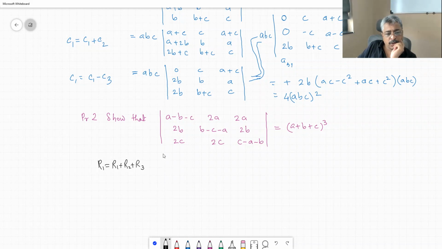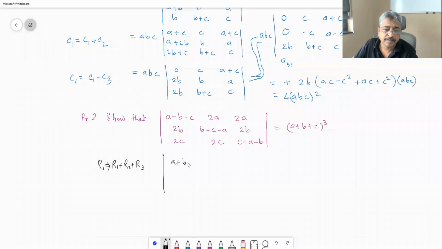Instead of writing equal to, you may put an arrow. R1 is R1 plus R2 plus R3. So we get A plus B plus C, again A plus B plus C, A plus B plus C. The remaining two rows you are supposed to keep the same.